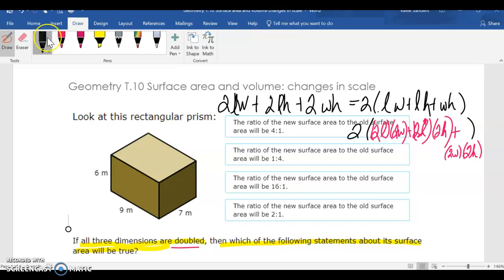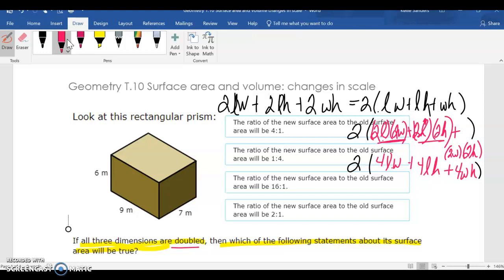Okay, that ends up being the black 2. This is 4LW plus 4LH plus 4WH.